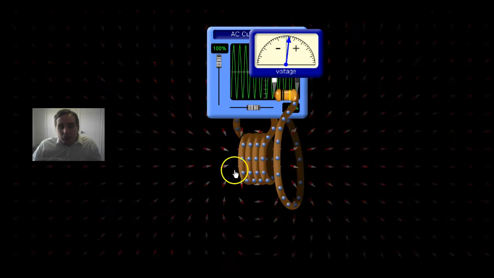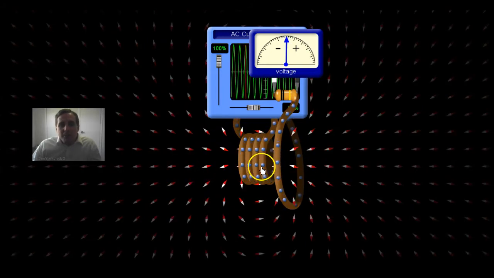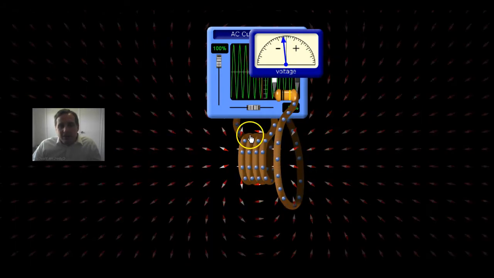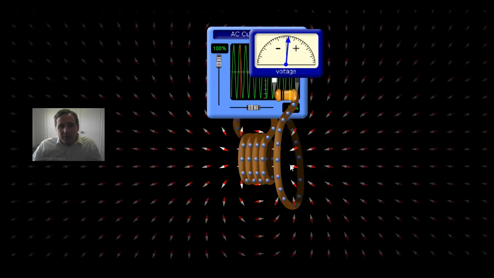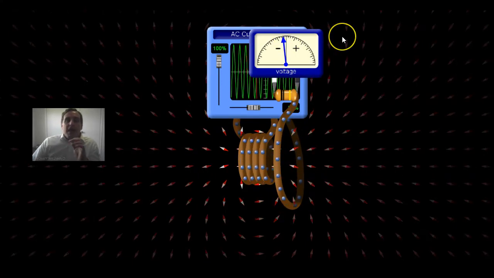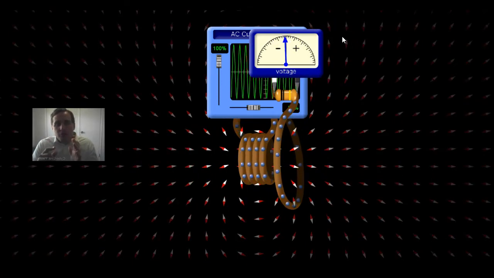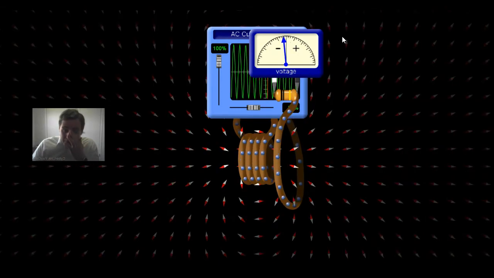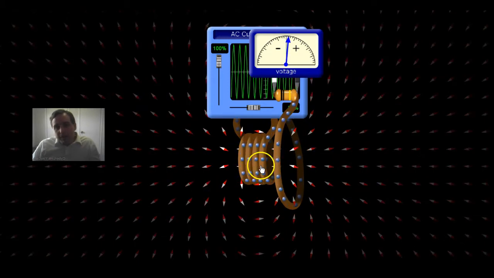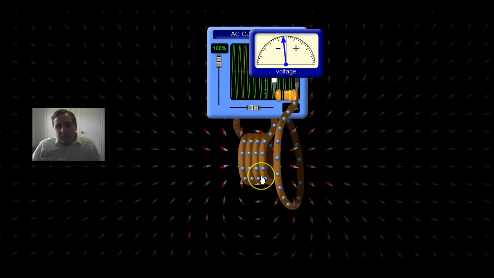Because again, there's greater change in the magnetic flux here, and thus there's greater change in the magnetic flux on the secondary coil. Okay? So it turns out that the number of turns, which is the same thing as the number of loops or the number of coils, really has a strong effect on these transformers. In fact, if you double the number of coils, you should double the induced EMF.